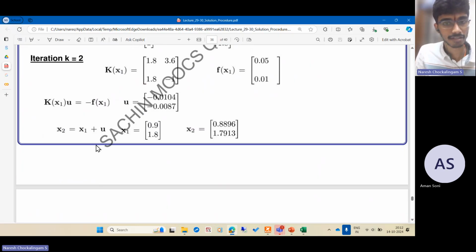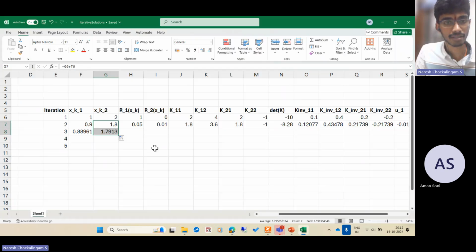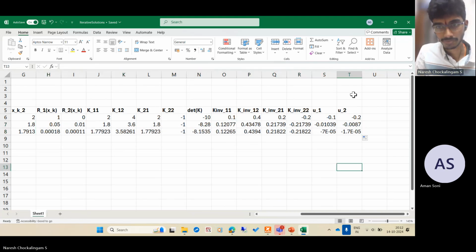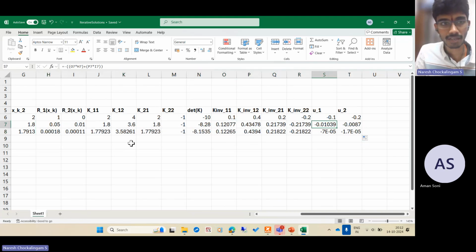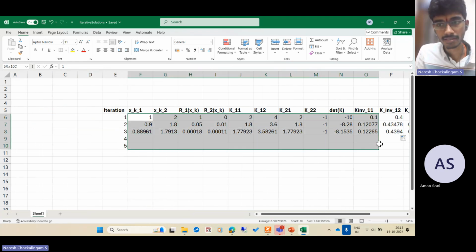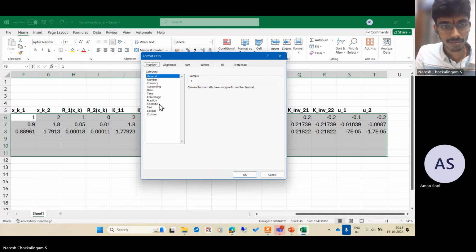So x1 and x2 are updated as 0.8896 and 1.7913. Then update all these. And since we want more digits, let me just make these 9 or 10 digits, in scientific format.